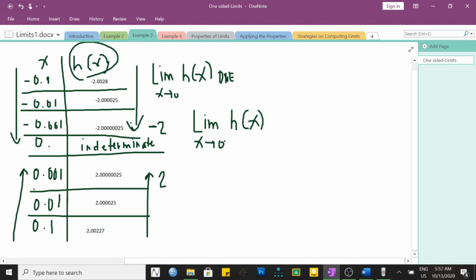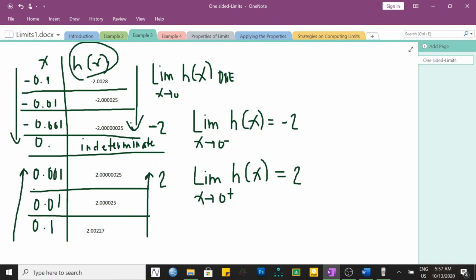If it's from the left, we write a superscript that looks like the negative sign and then equate it to the limit. It's negative 2. Similarly, if we want to emphasize that h of x has a limit as x approaches 0 this time from the right side, we write the positive symbol as a superscript, that is equal to positive 2.